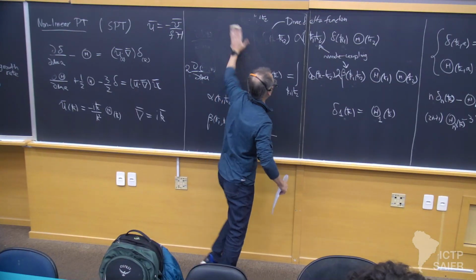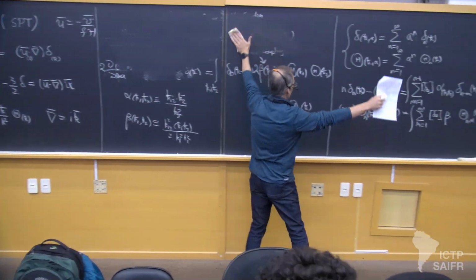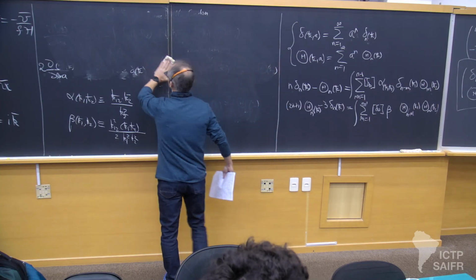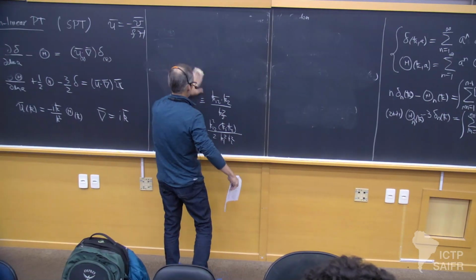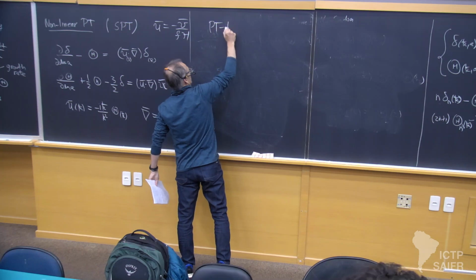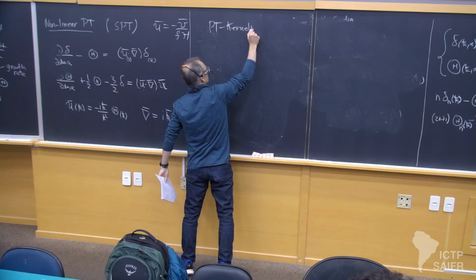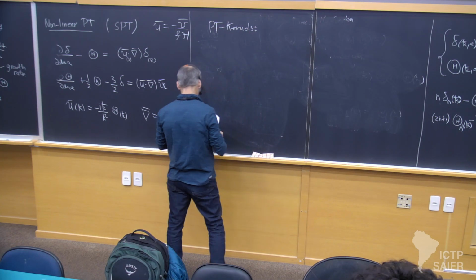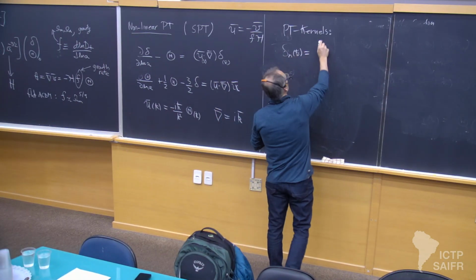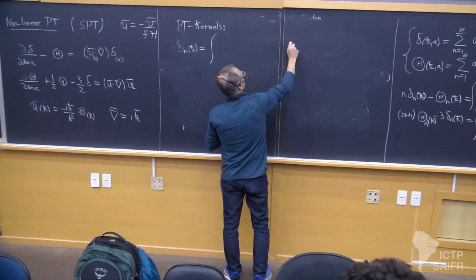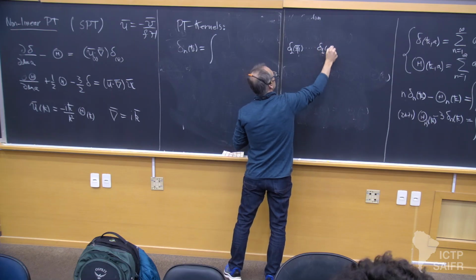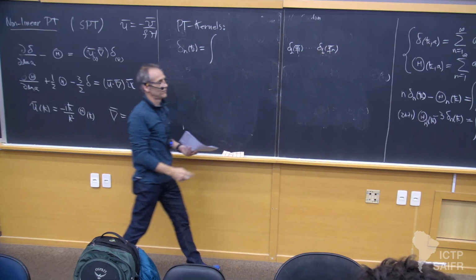Continue here. So you can write this recursion relation in a slightly more friendly way by introducing the perturbation theory kernels. The nth order solution is going to be given by n Fourier modes Q1 through Qn.